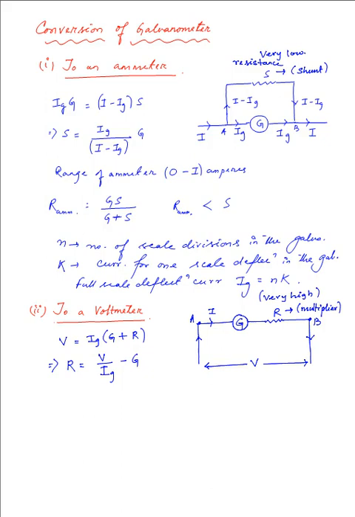And by connecting this high resistance in series with the galvanometer, we convert the voltage range from 0 to V volts.